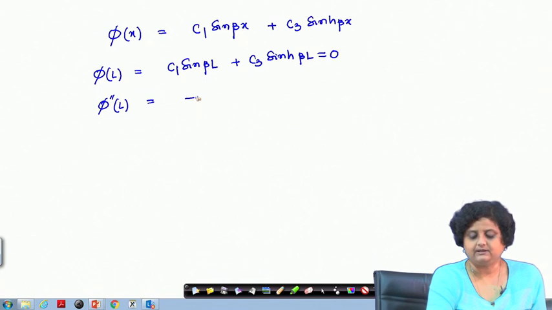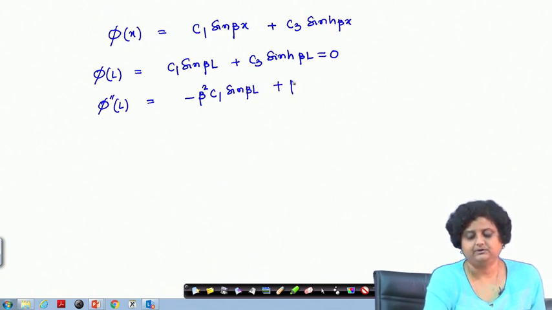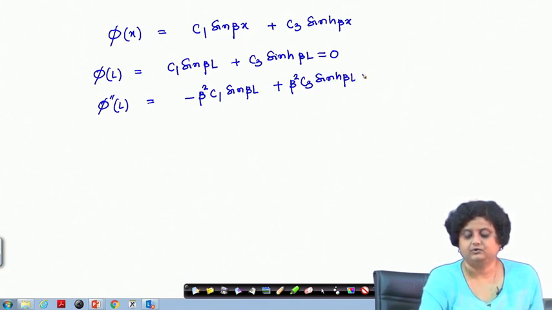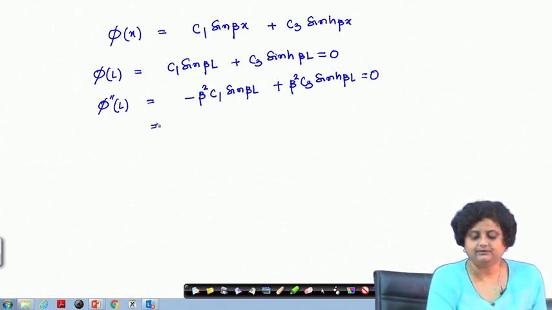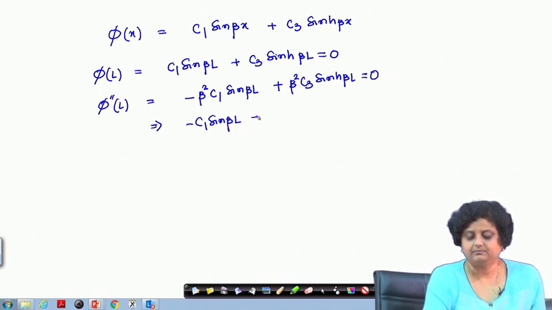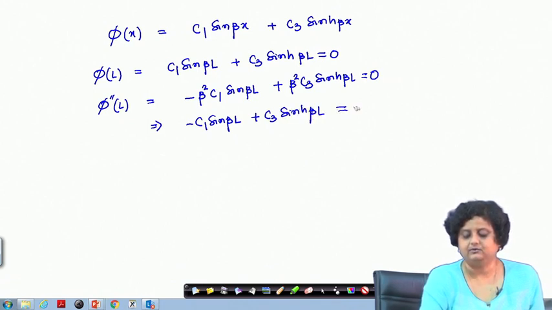Phi double dash L is minus beta square C1 sin beta L plus beta square C3 sinh beta L, this can further be written as minus C1 sin beta L plus C3 sinh beta L equals to 0.